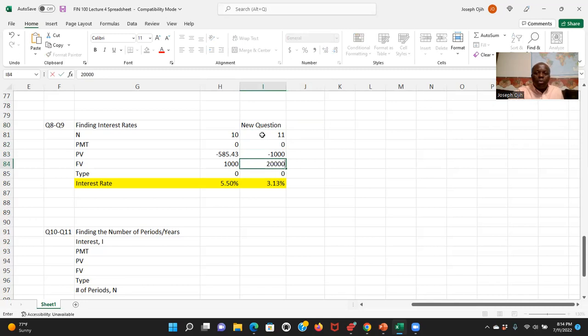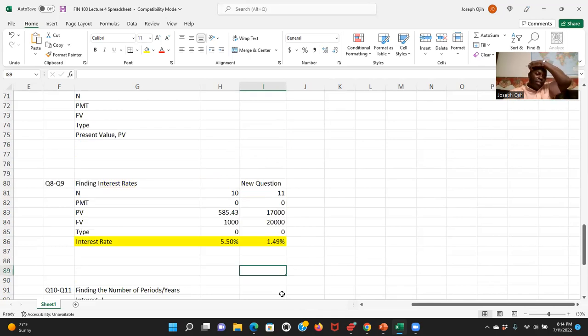But the person is giving you 17,000, which is money leaving his pocket. So negative 17,000. How much is he making? He made a 1.43% return on investment. Okay, so this is it. You can use this to calculate how much return you made on an investment.